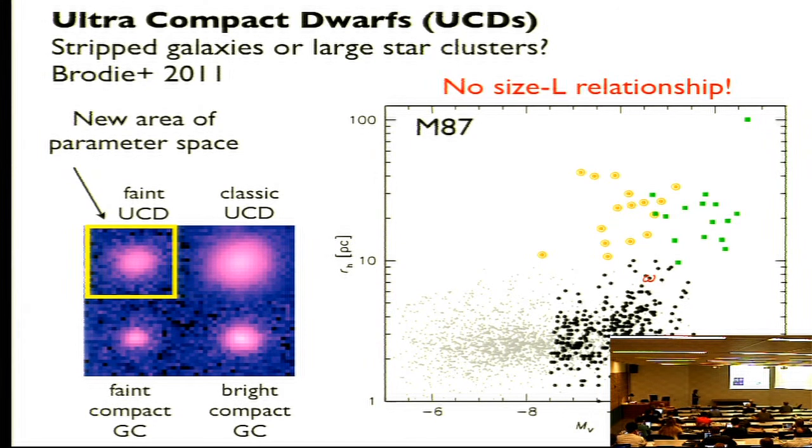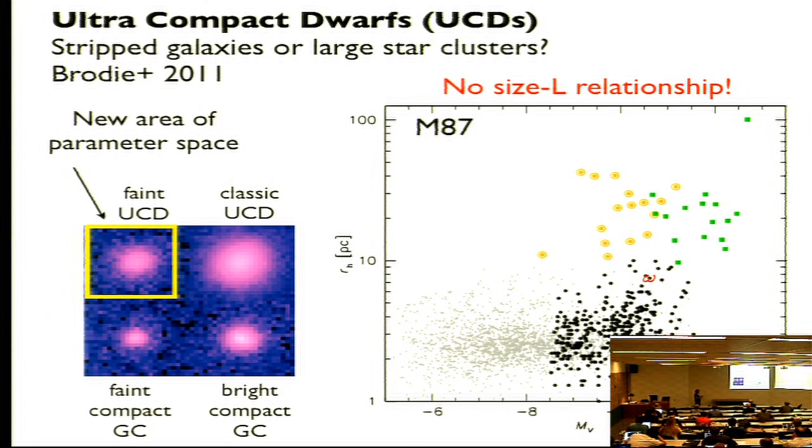Now, this is half-light radius, so this is the size of the individual objects against luminosity. And these are globular clusters. This sequence is the globular cluster sequence along here. The darker points are the ones we have spectra for. And the green points here are the UCDs, the ultra-compact dwarfs, that were known before.